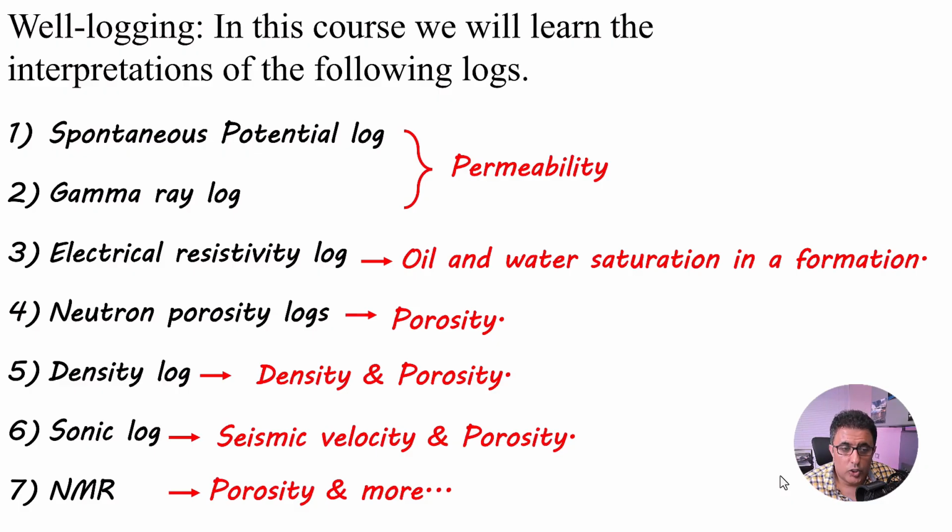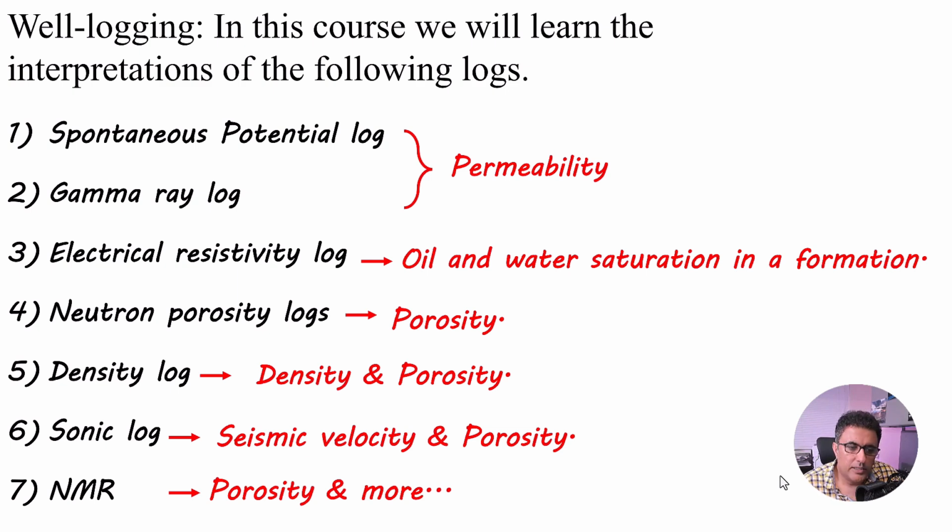Then the third logging tool is the electrical resistivity log, which is used to identify hydrocarbon saturated zones, and you're also able to estimate water saturation in the formation using this tool. And from water saturation, you're able to estimate hydrocarbon saturation.